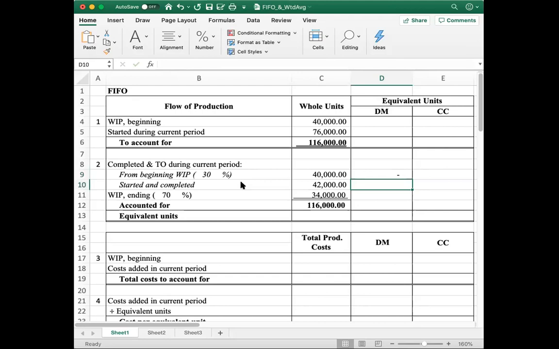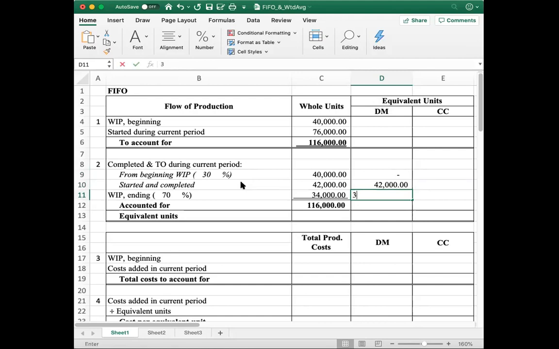All right. Then the number of units started and completed. When you started and completed 42,000 units, for those units you're going to add all the material. So 100% of the material is added, which is 42,000. All right. Then the ending work in process, which is 70% completed. In 34,000 units, if you added material at the beginning of the process, that means 100% of the material is added.